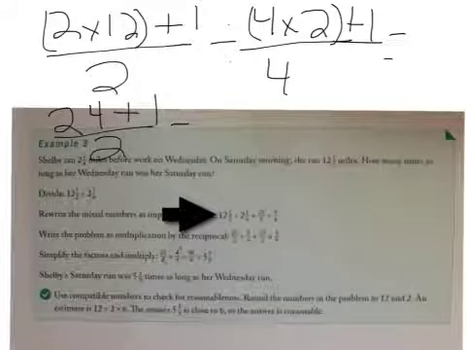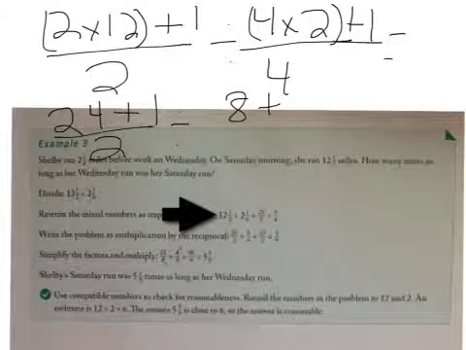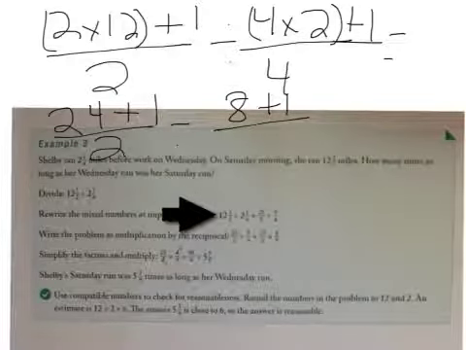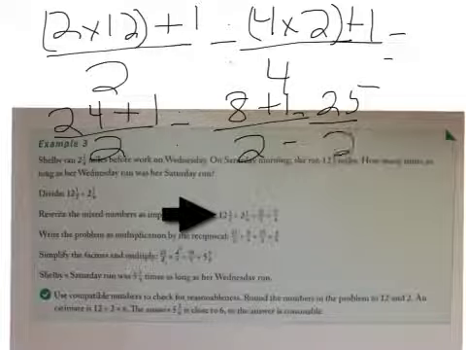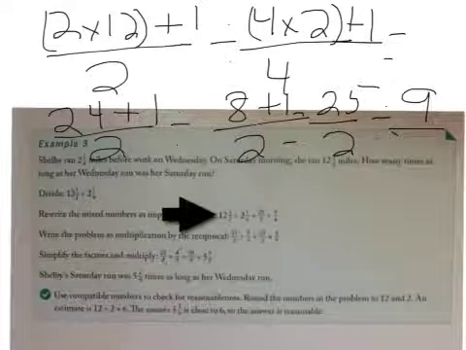And that's going to be divided by 4 times 2, which is 8, plus 1, over 4. So then we know we're going to have 25 over 2 divided by 9 over 4. And that is how we got our 25 over 2 divided by 9 over 4.